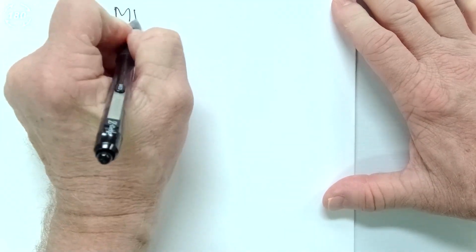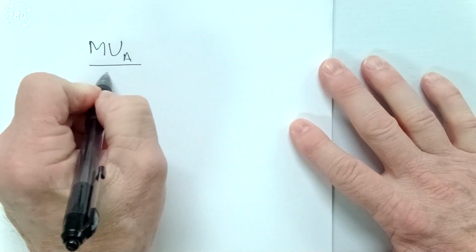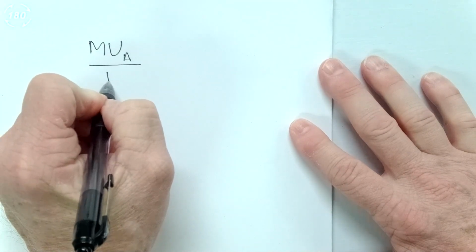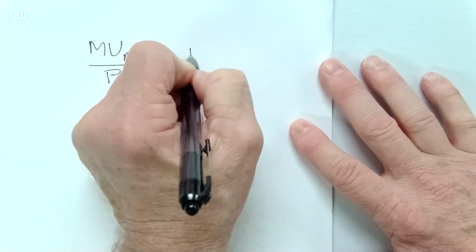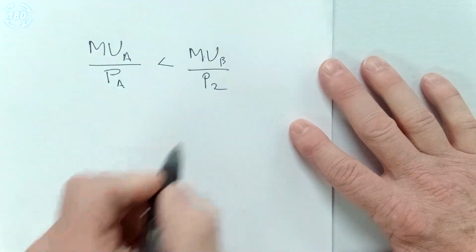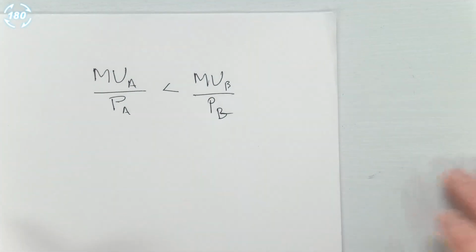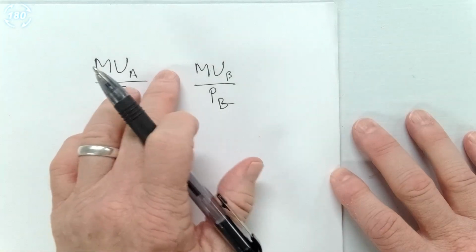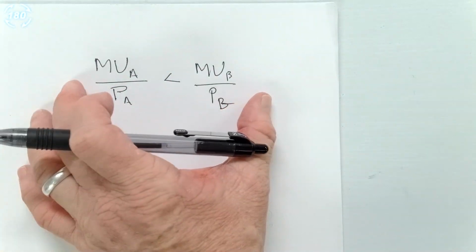But if the marginal utility of A over the price of A is less than the marginal utility of B over the price of B, that's not a B, that's a B, okay? So last time we used the fact, we put an equal sign in here. We said that was the utility maximizing rule.